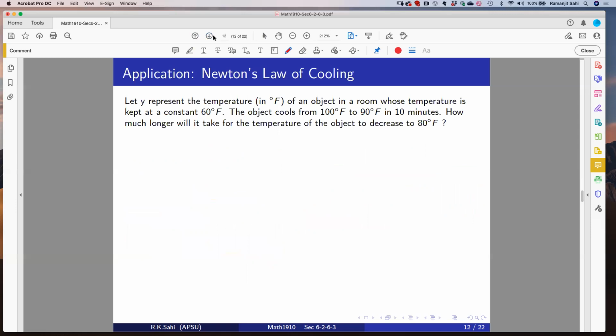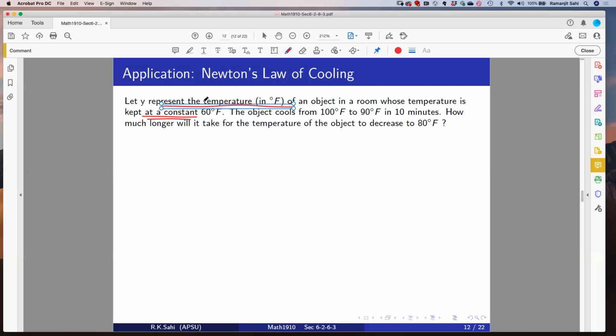Now let's look at this example. It says if Y represents the temperature in Fahrenheit degrees of an object in a room whose temperature is kept at a constant 60° Fahrenheit. So the temperature of the surrounding medium is constant.